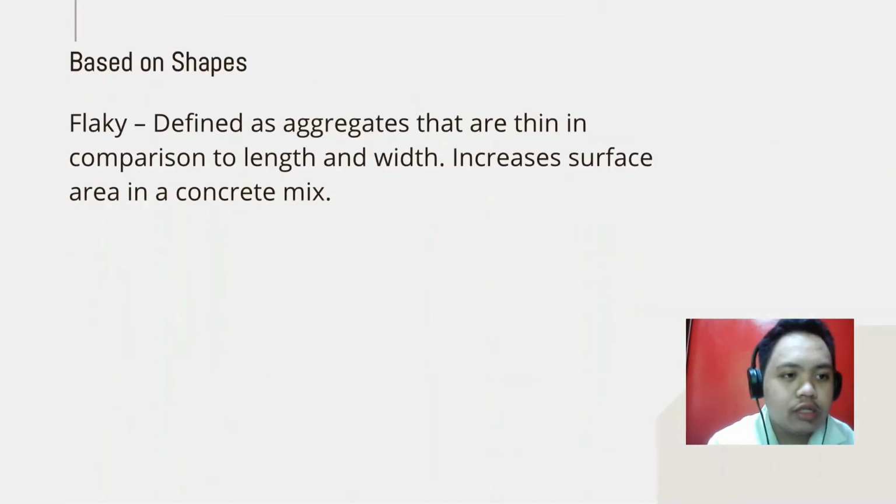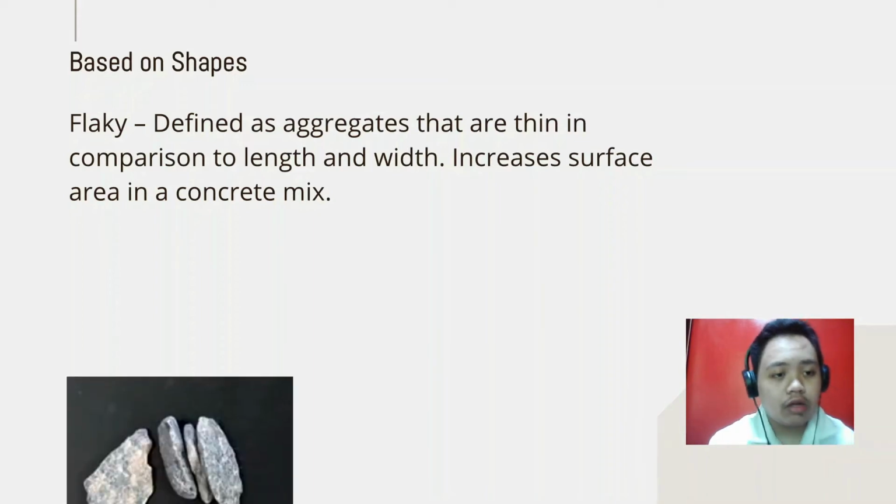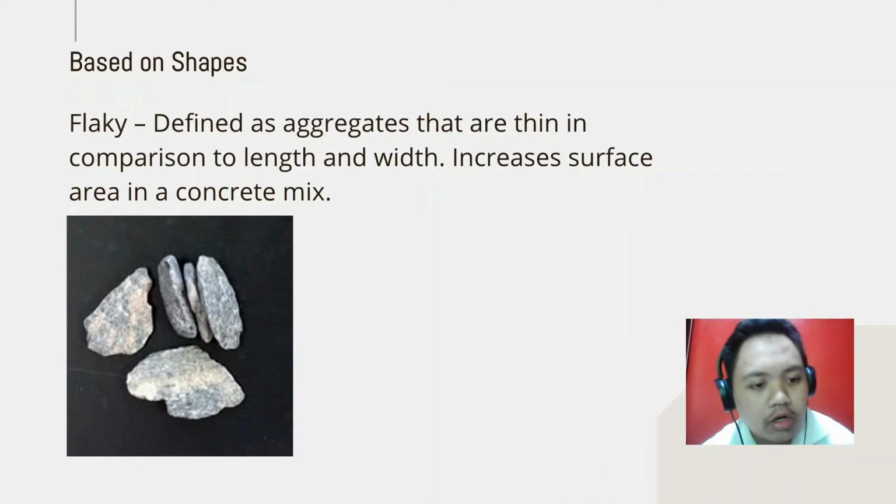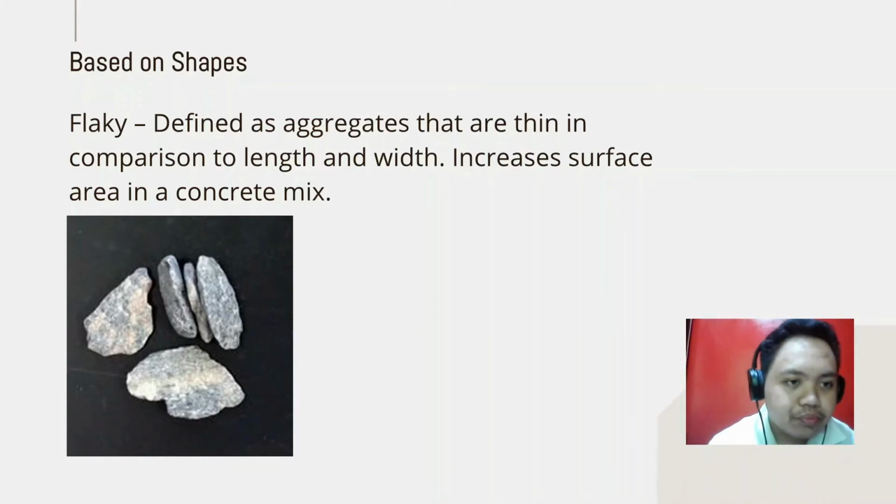So next is the flaky aggregates. So flaky is defined as aggregates that are thin in comparison to their length and width. So it increases surface area to maintain the concrete mix. So ito naman is the flaky aggregate. So katulad ng angular, madalas na nakukuha natin siya sa rock quarrying din, and nagagamit din siya sa concrete mixing.